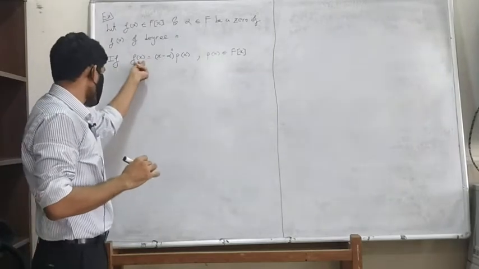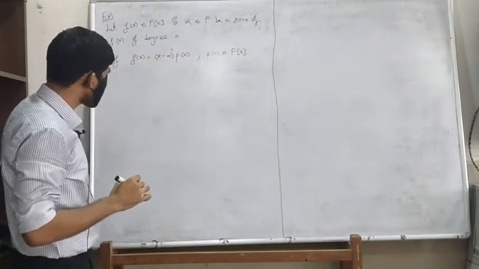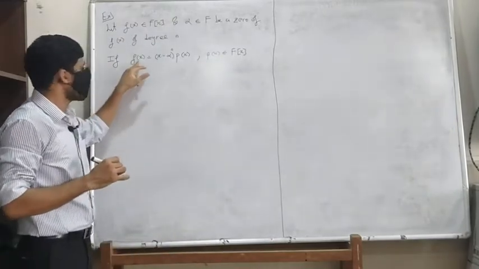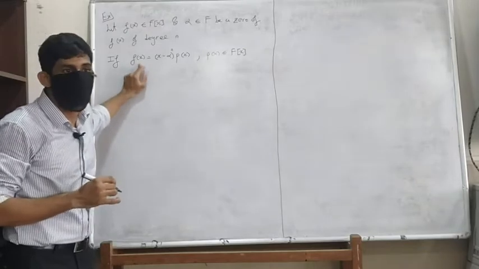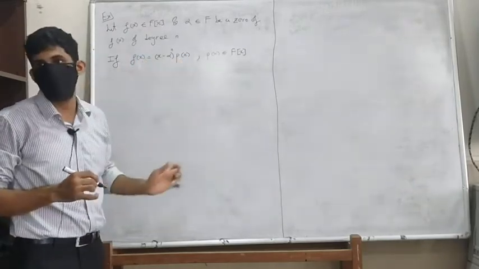So if f of x is equal to x minus alpha raised to n times p of x, I want to talk about the roots of f. How can I relate the roots of f and the roots of p?